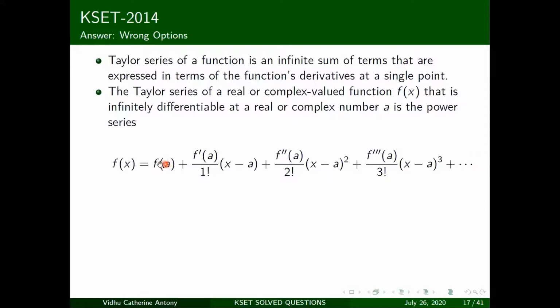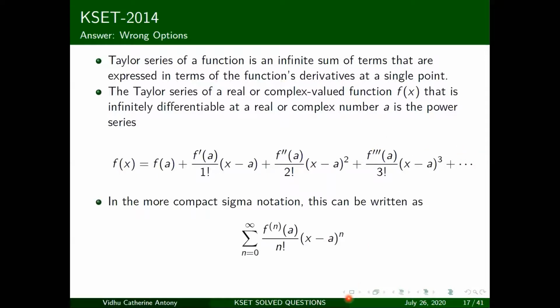So here you have an f of a. A is basically the point at which you're evaluating the series. F prime of a, first derivative divided by 1 factorial into x minus a. A is again the point at which you're trying to evaluate your series. And you repeat these, so on and so forth. So let me just show you a compact notation. So you have summation of n equal to 0 to infinity, f superscript n of a, the nth derivative of a, divided by n factorial into x minus a whole power n.